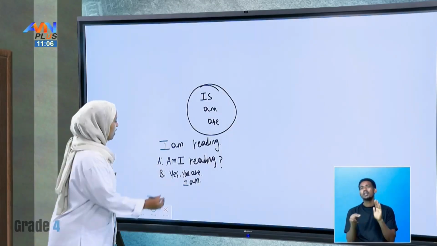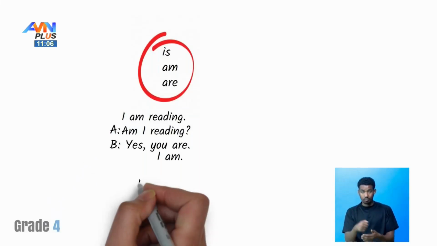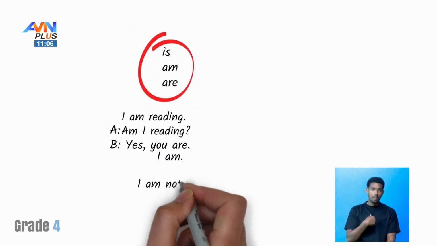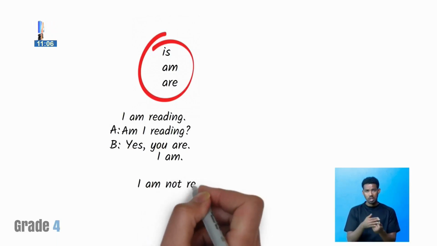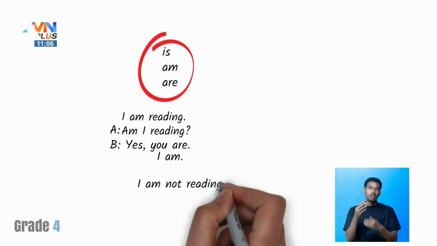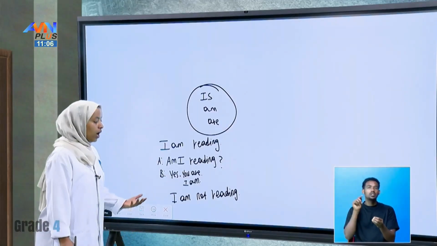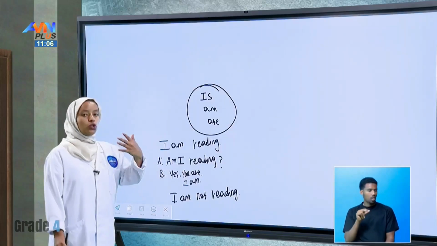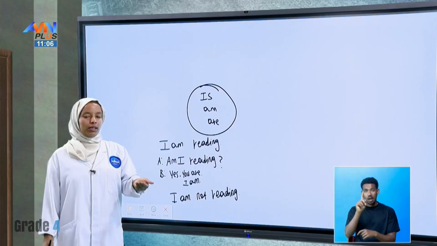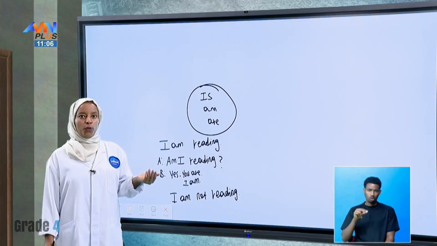For example, I am not. Easily note not after verb to be, I'm not reading. Here is the full stop. And also to answer the question, when somebody asks, am I reading? Easily, no, I'm not.